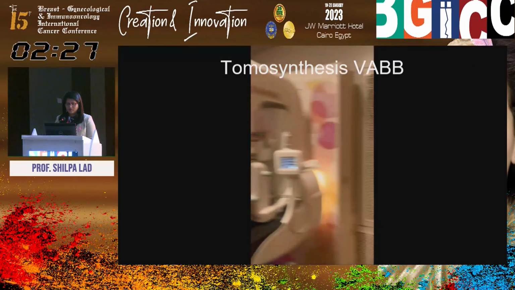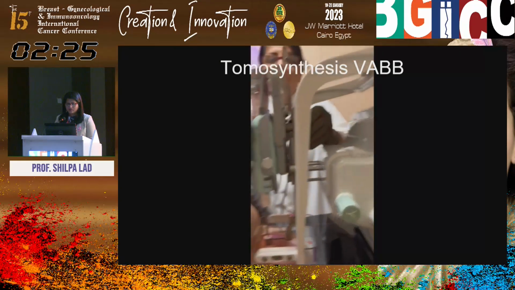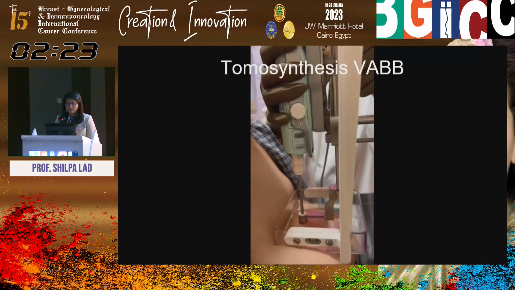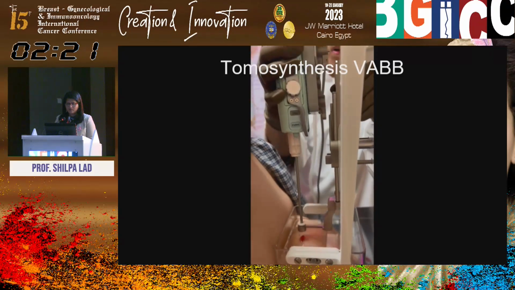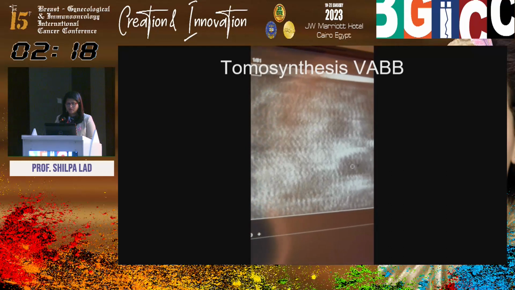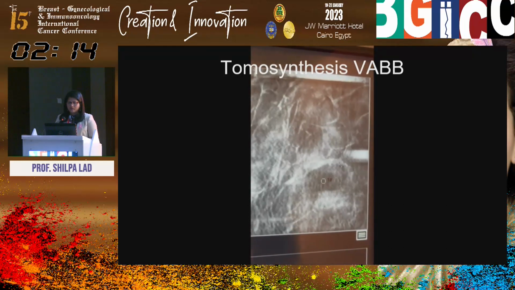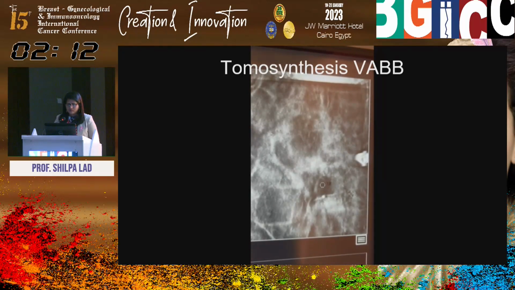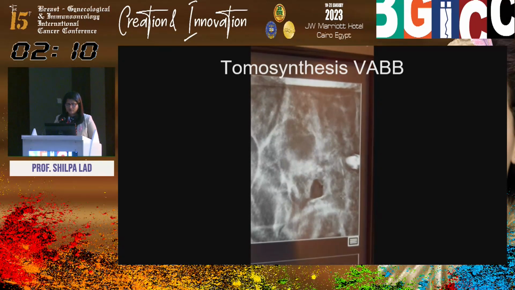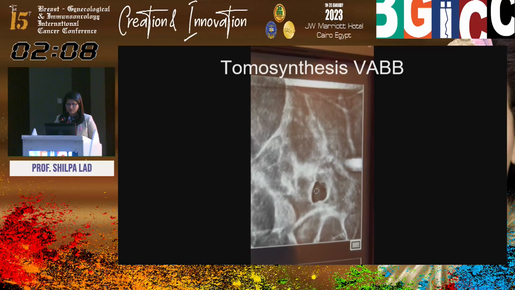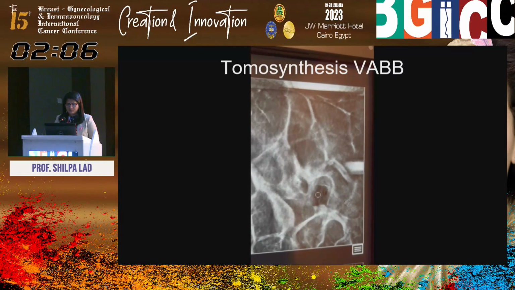Okay, so before we do that, we unmount the VAB probe along with the needle. So now this is the post procedure tomo slice, and in this when we scroll through the slice, we notice that the microcalcifications that were seen before have been completely removed.